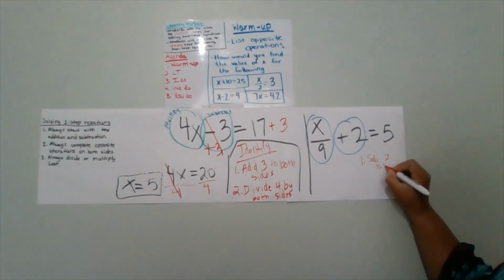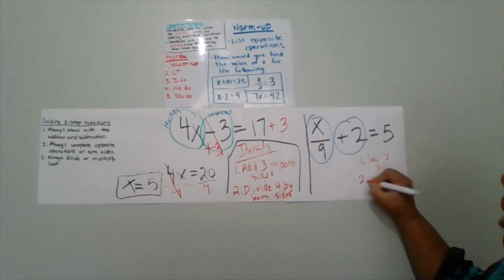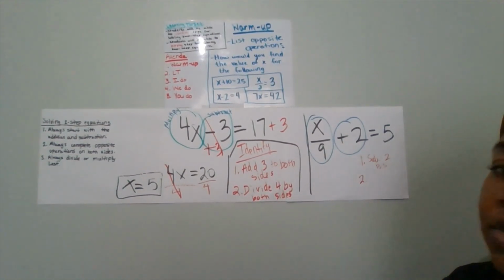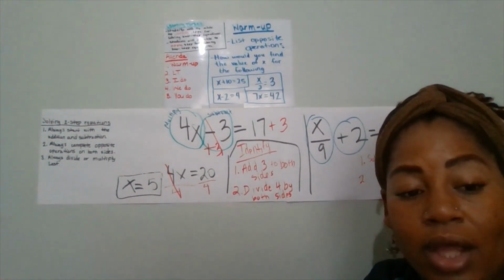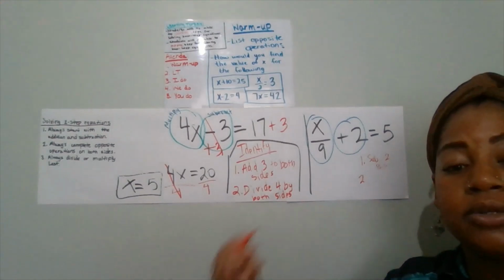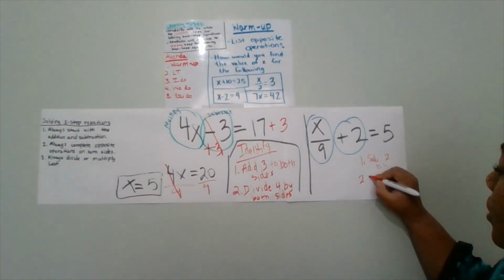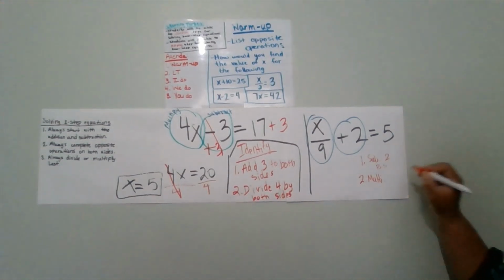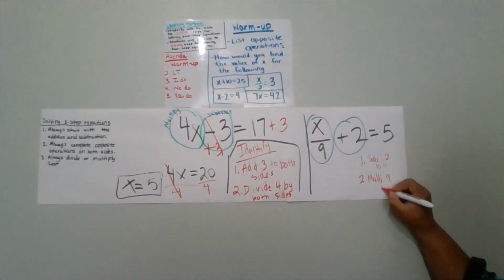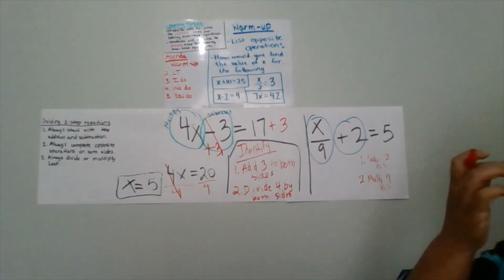We'll put that both sides like that so we know. And then number 2, step 2, we're going to undo that x over 9, and we know that's division, right? So to undo that division, we're going to multiply. So let's say multiply 9 on both sides, okay?